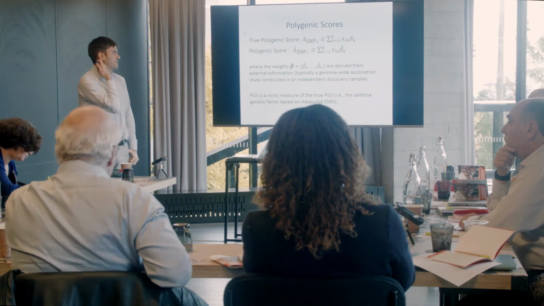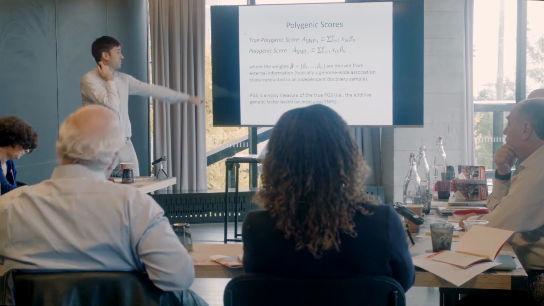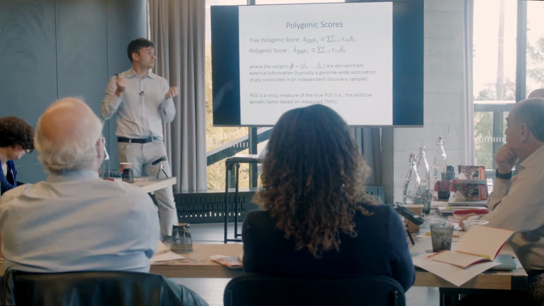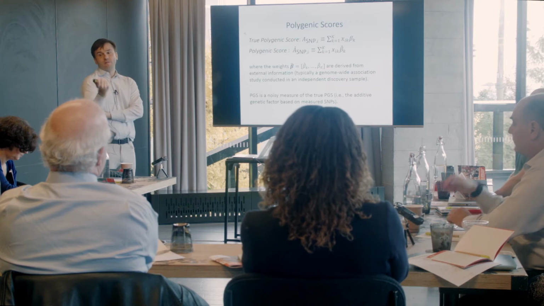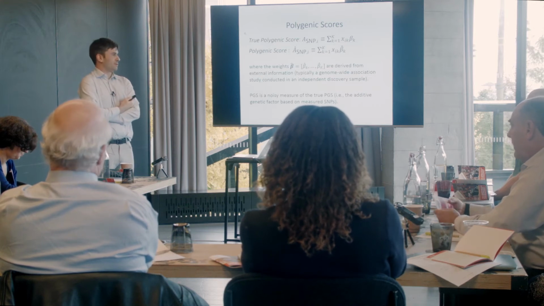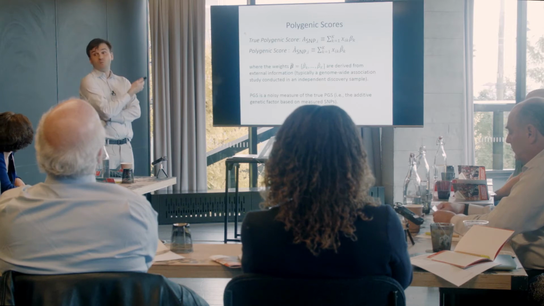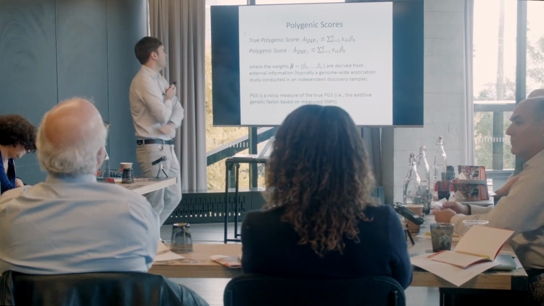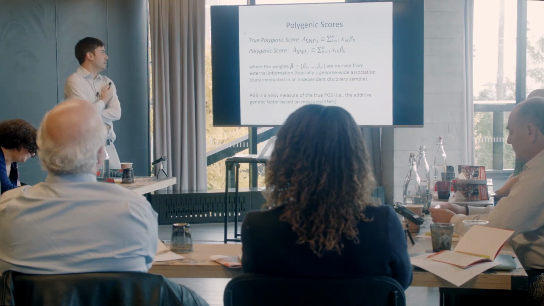It used to be the case that most of the variation in these beta hats was just noise, estimation error. But now, as samples have increased from say 10,000 people to 1 million people, there's a lot more genetic signal in these beta hats. So think of the PGSs that you can actually construct as a kind of noisy measure of the true PGS.